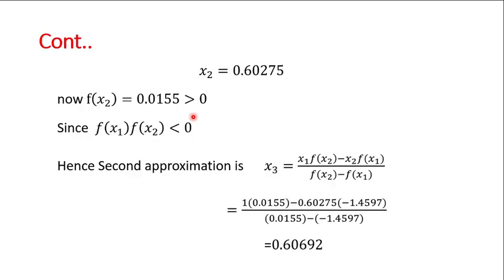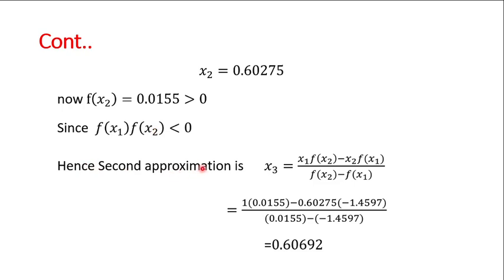What do we get? We get the value 0.0155, which is greater than 0. Hence, f of x1 into f of x2 is less than 0. That is, the root lies between x1 and x2.